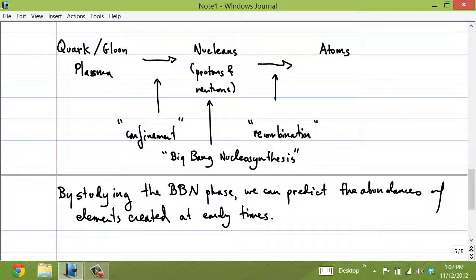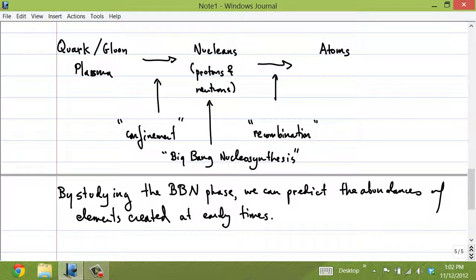For example, after the universe emerged from this Big Bang nucleosynthesis phase, the various nucleons combined with electrons into atoms, and we would be interested in understanding what sort of atoms were created.